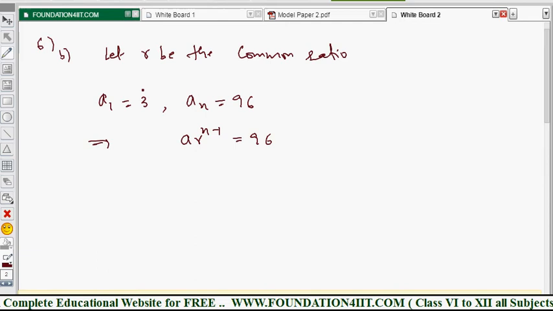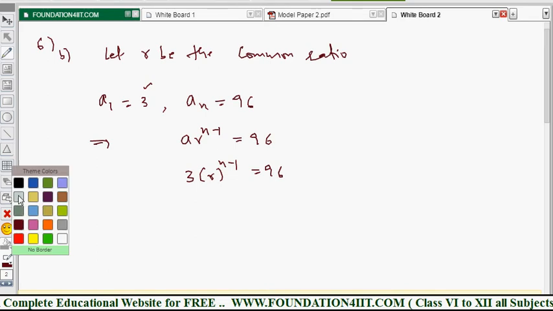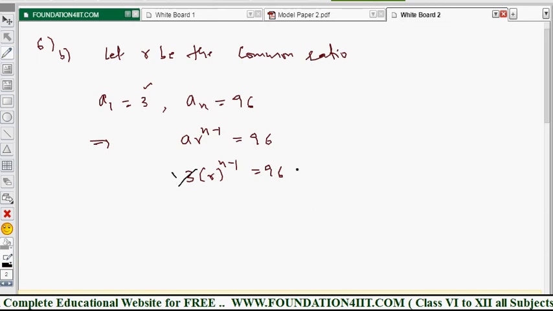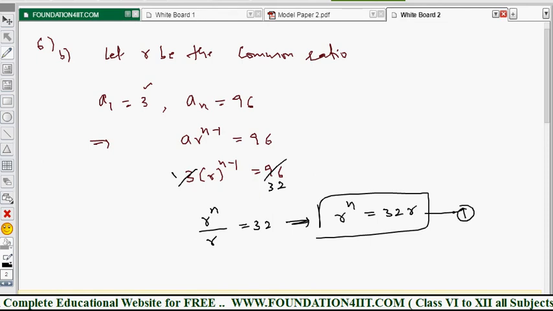Now A1 is nothing but 3 only, that is also A. You can substitute A into R to the power n minus 1 is equal to 96. Just to solve this, by cancellation, 3 ones are 3, 32. Then R to the power n minus 1 is R to the power n by R is 32. Now from this, R to the power n is equal to 32R. So let it be equation 1.